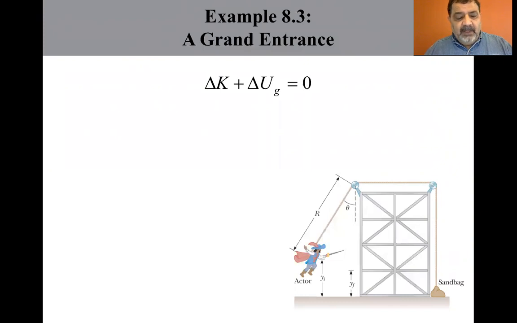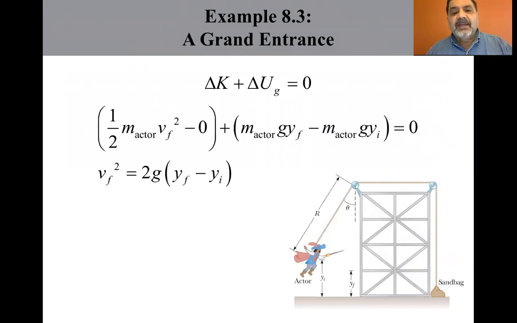Let y initial be the initial height of the actor above the floor, and v final be his speed at the instant before he lands. Notice that K initial equals 0, because the actor starts from rest. Insert the energies into the equation and solve for the final speed of the actor.